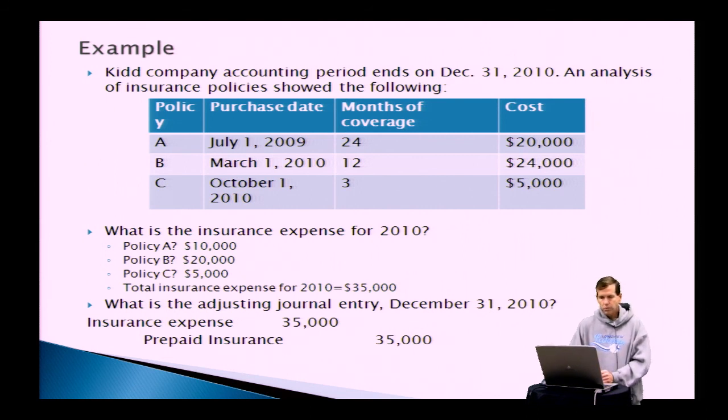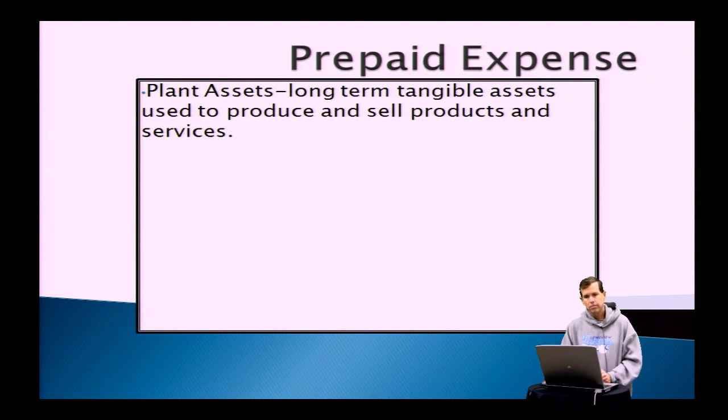All right, there is one other type of prepaid expense that is handled a little bit differently, and that is a plant asset. A plant asset is a long-term tangible asset. In other words, it's not just going to last a year or two, like a building, maybe last 30 years, or a vehicle 5 years. So it's a long-term tangible asset used to produce and sell products and services. So it's a little bit different situation here.